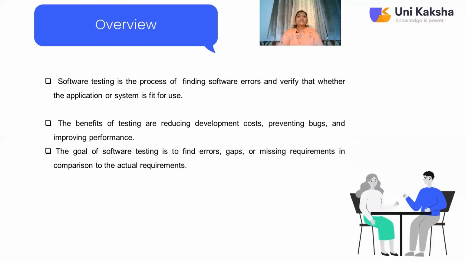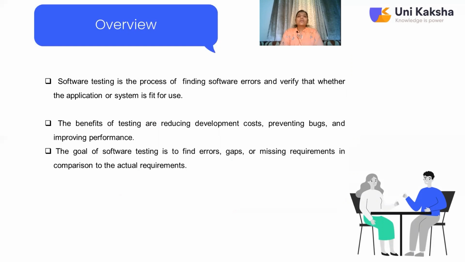So let's first understand what exactly software testing is. Software testing is not a single task, but it is a group of phases or processes which is used to find out software errors and verify whether that particular software or system is ready to use or not.